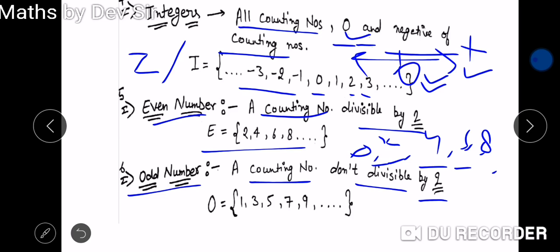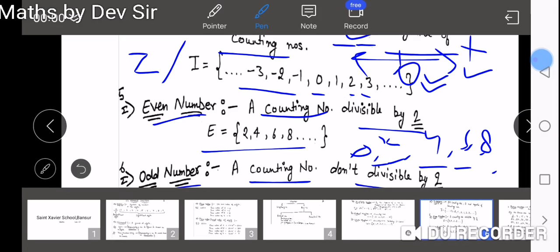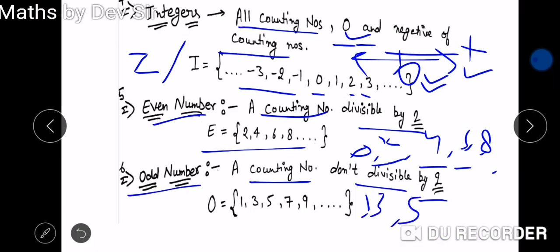In other words, if at the ones place we have 1, 3, 5, 7, or 9, then that number will be an odd number.